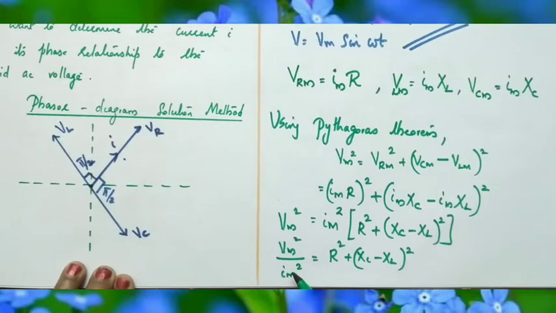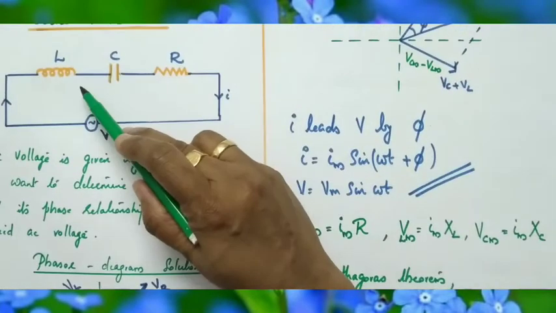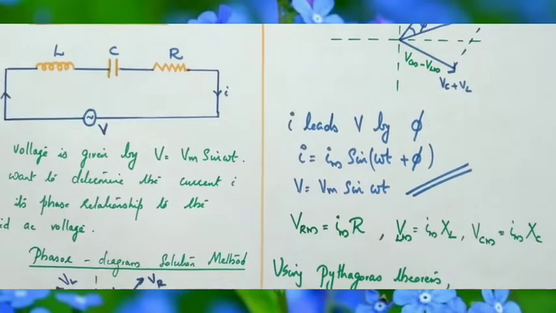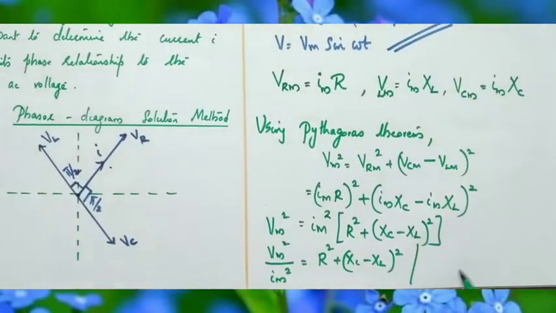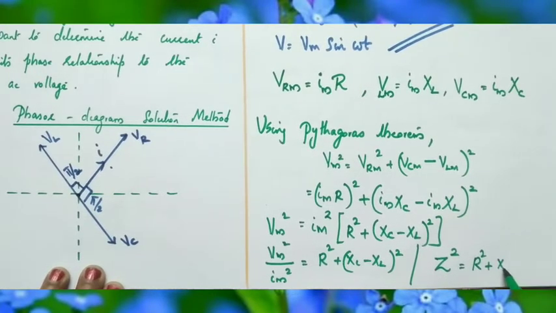Voltage by current is resistance, and here the resistance is called impedance. Impedance means the total resistance offered by resistor, capacitor, inductor to AC current. That impedance is represented by Z. So, Z square equals R square plus (Xc minus Xl) the whole square.